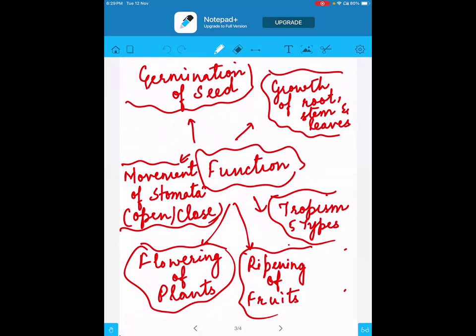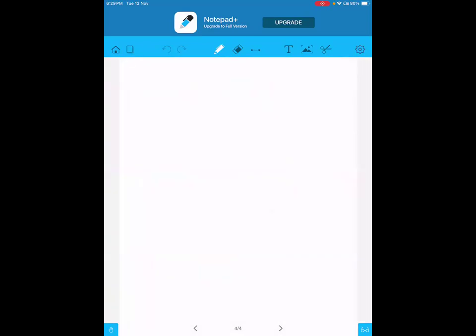Now moving to the next one, the types of the phytohormone. So starting with the first one, the auxins, very very important. So these hormones, what they will be doing, they will be promoting the growth of the plant. Promote means to allow them to grow, like you might have heard from your parents, he or she has got promoted.